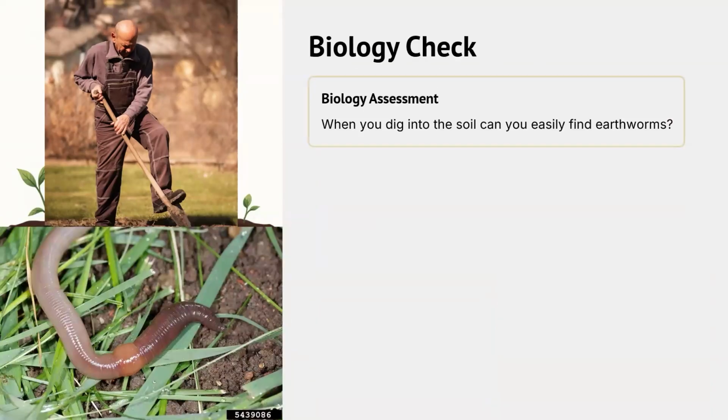On the biology side, when we dig into the soil, do we find any earthworms? I recently moved houses, but when I first started my job here, I was right here in Rexburg in a new house. It was awful soil from the building construction in the development area, really rocky, terrible ground.